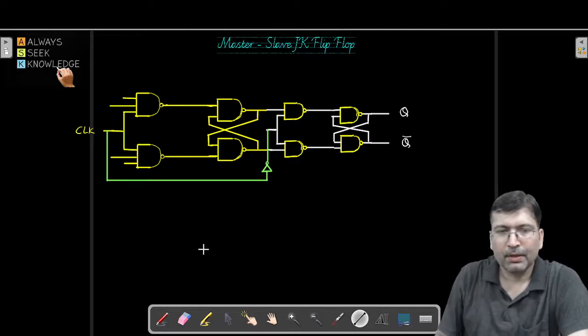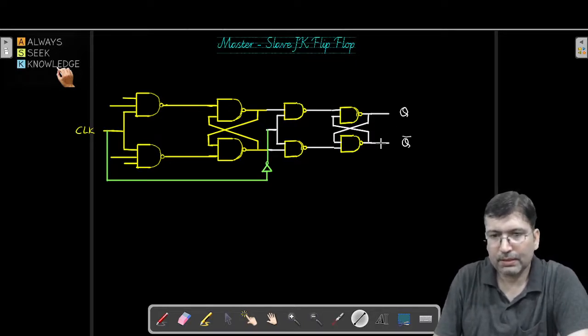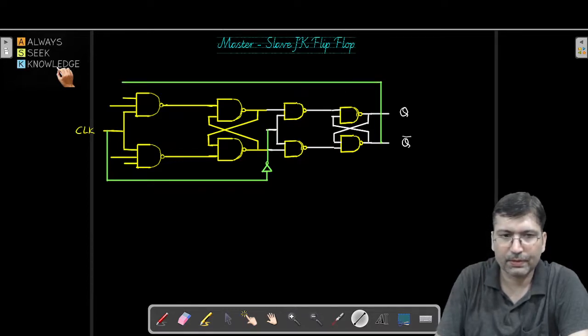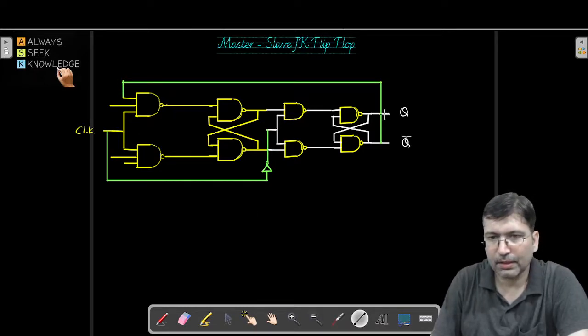And these outputs we are connecting: this Q bar we connect with this, and Q from here. Let's say I take another color.